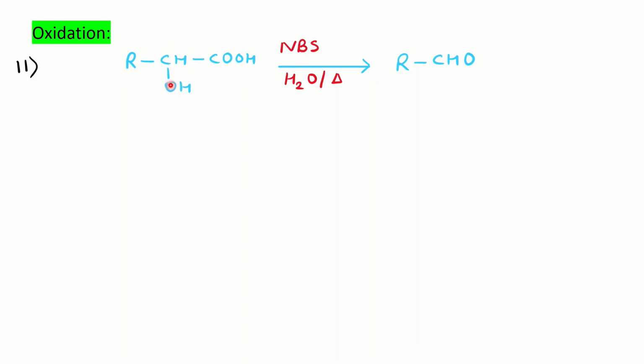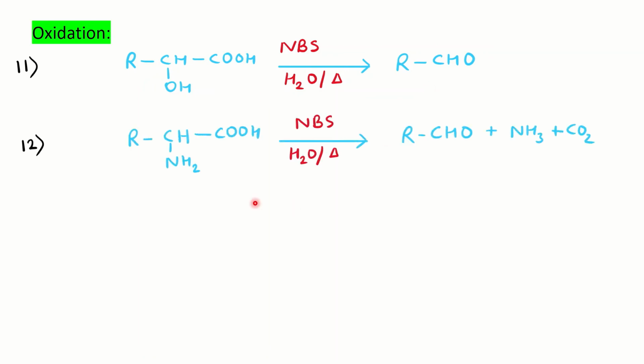Oxidation. The next reaction is oxidation. Now here we have an alpha hydroxy acid in the presence of NBS and aqueous solvent. Since we have written oxidation, the oxidation takes place and this alcohol is converted to an aldehyde with the loss of one carbon. Same with alpha amino acids in the presence of NBS and aqueous solvent: the oxidation takes place and this converts to an aldehyde with the loss of one carbon atom.